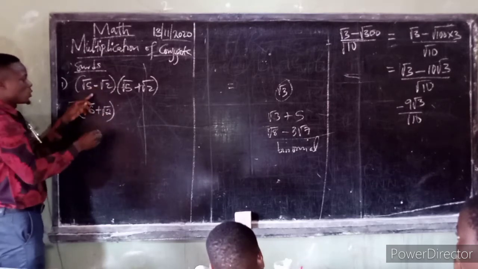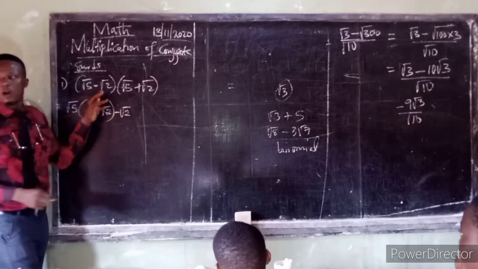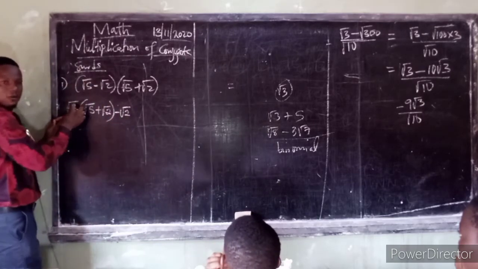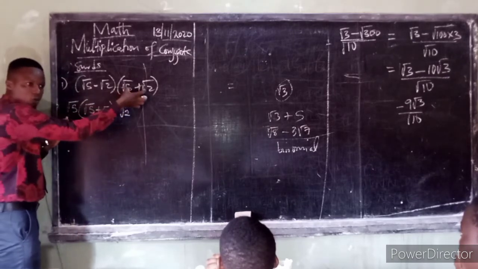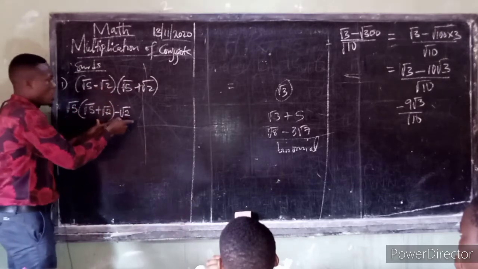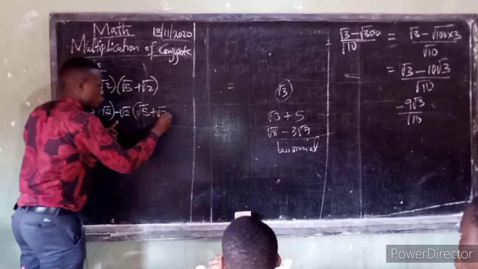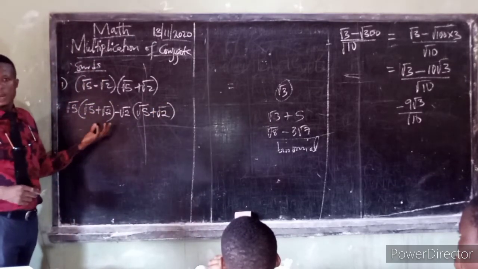The next item here is what? Minus surd 2. You must bring it out with the sign. So having brought out surd 5, multiplying surd 5 plus what? Surd 2. I'll also bring out minus what? Surd 2. It will also multiply surd 5 plus what? Surd 2. That's the way of multiplying surds. Do you get what I did here?